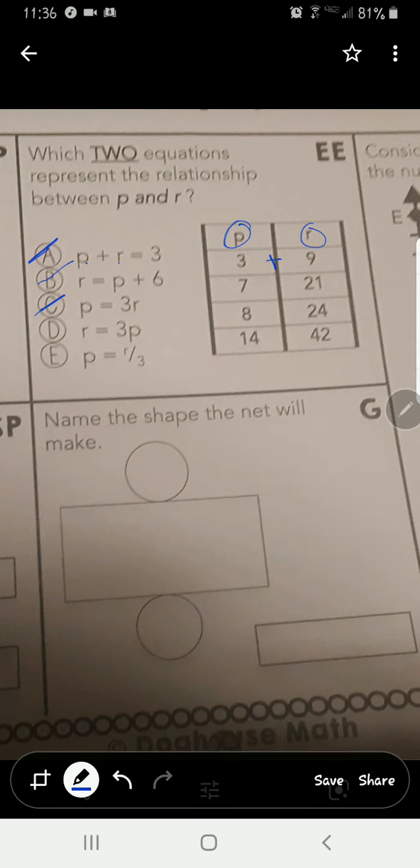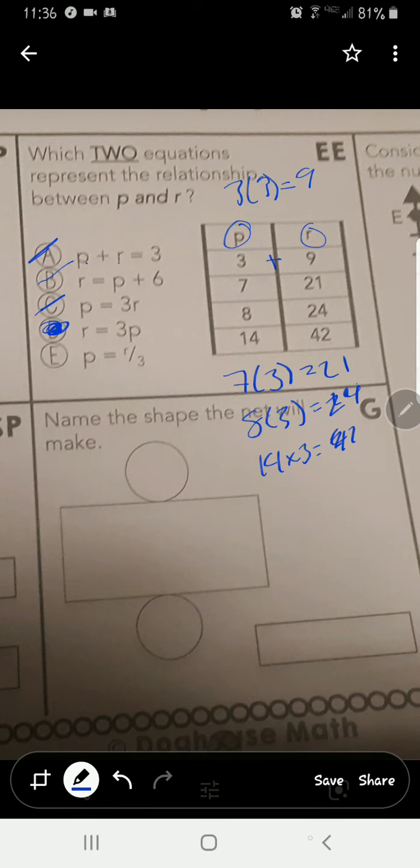But 3 times 3 does equal 9. And 7 times 3 does equal 21. 8 times 3 equals 24. And 14 times 3 equals 42. So I would say D is our most logical answer.